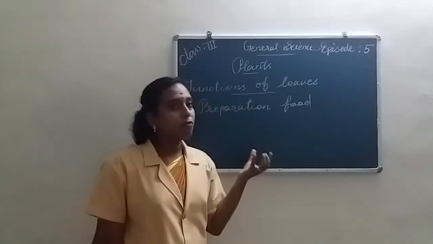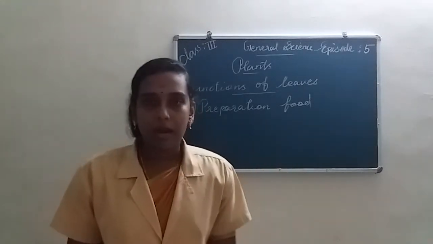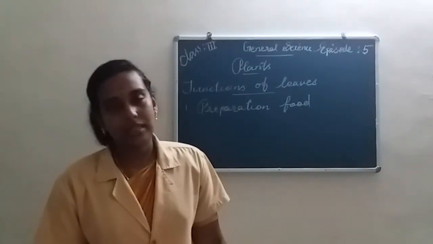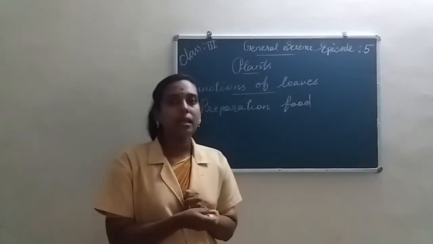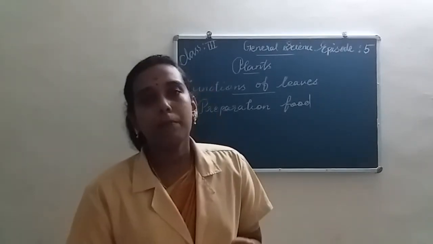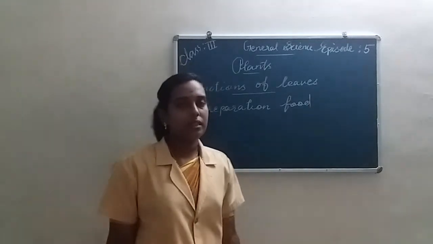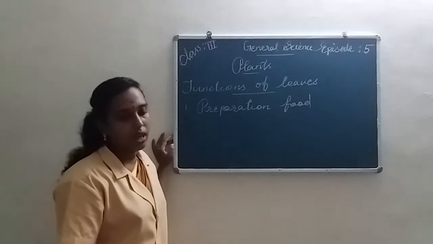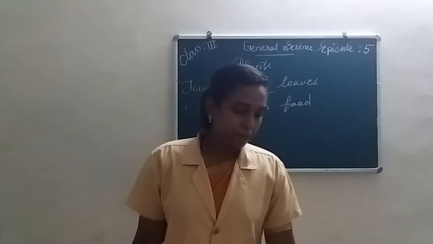Simply, the process of preparing food by plants by using water and carbon dioxide in the presence of sunlight is called photosynthesis. And the first function of leaves is preparation of food. And the leaves are called the food factory or kitchen of the plant.